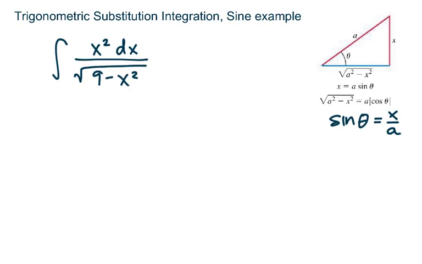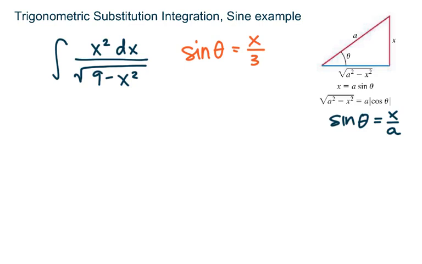Since we know we're going to use sine theta, we have to determine what our a value is. Remember, our a value is some constant squared. In this case, a is going to equal 3. So we're using sine of theta equals x over 3.